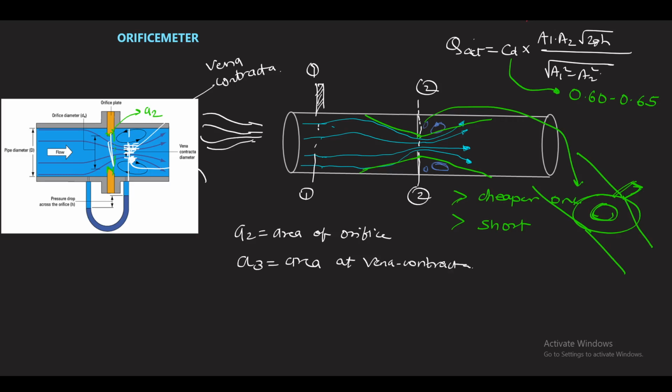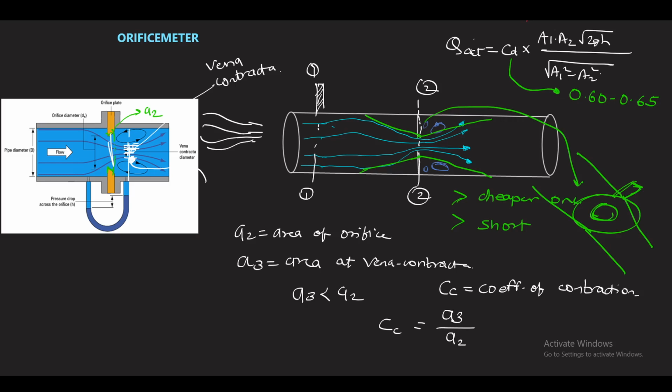What I said before is that the streamlines are converging, correct? That means the area at this point, A3, is less than A2. So there comes a new term, Cc, the coefficient of contraction, and it is given by Cc equals A3 divided by A2.